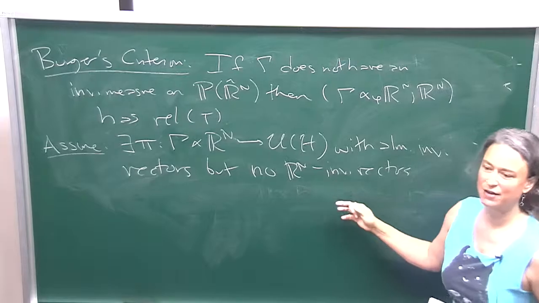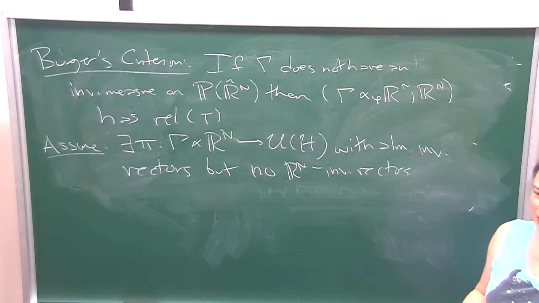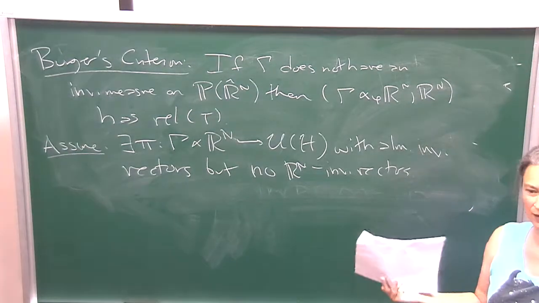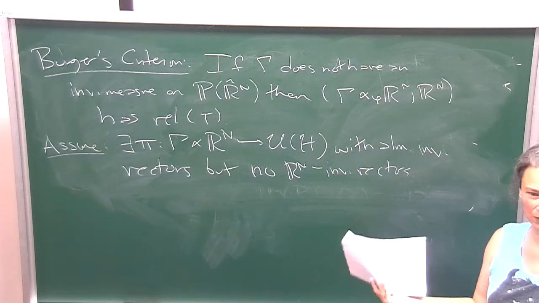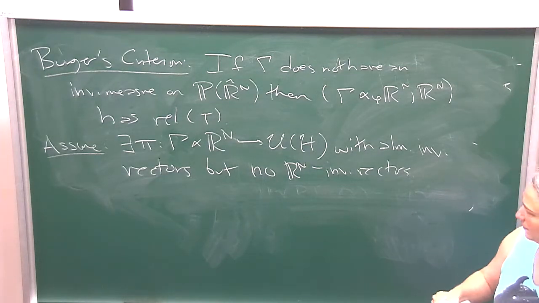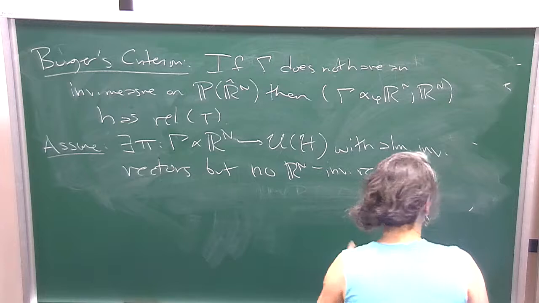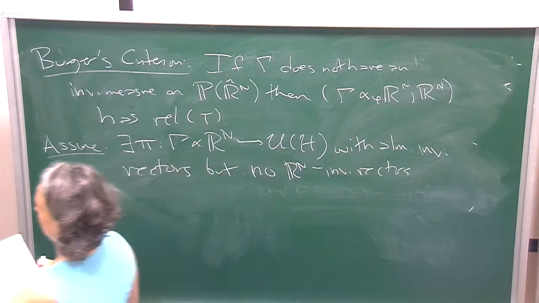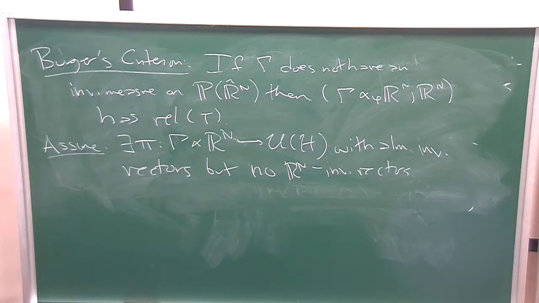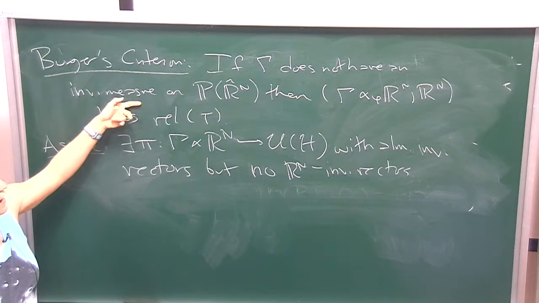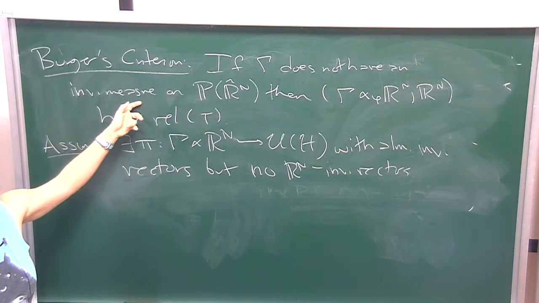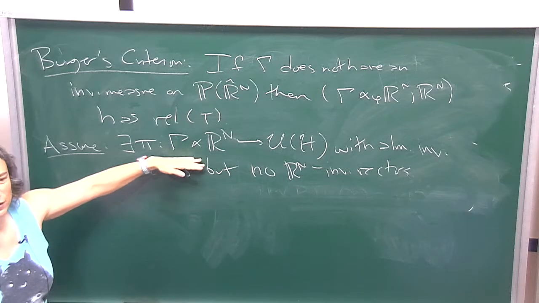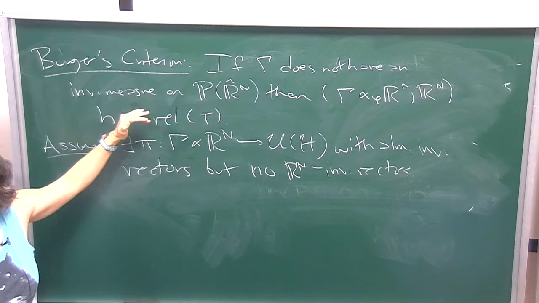And the lack of R^n invariant vectors allowed us to projectivize the measures we were given from the projection valued measure. And then once we were projectivized, we were able to find a convergent subsequence, which was in turn gamma invariant. That's what happened over here. And therefore, I had a gamma invariant measure. So if I fail to have relative property T, then I have an invariant measure.